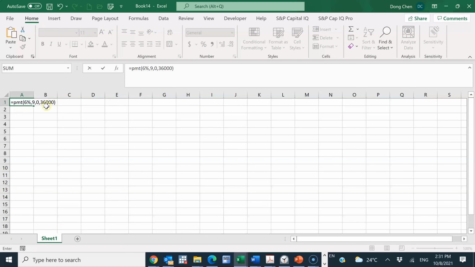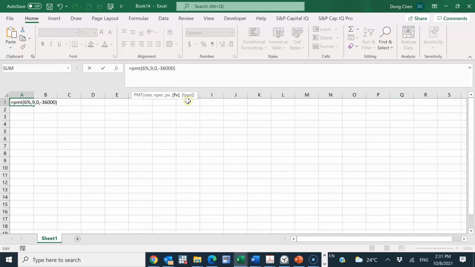If I just put 36,000 as it is here, the rule of Excel or a financial calculator is that it will give me a negative payment amount, which means the payment amount and the future value are of opposite signs. So if I want a positive annuity payment, I just need to add a negative sign in front of this future value, and then Excel will return a positive annuity payment.